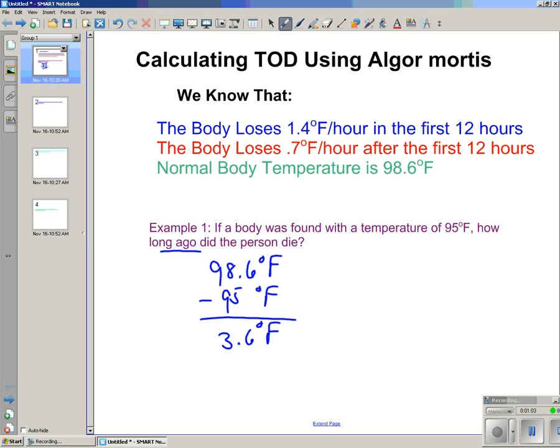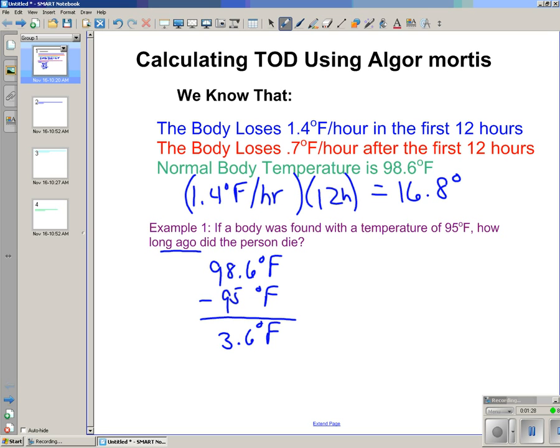Well, we know that 3.6 degrees is a small number. If we were not sure what we had to do, we know that 1.4 degrees is lost in the first 12 hours. So 1.4 degrees Fahrenheit per hour is lost in the first 12 hours, which gives us a total of 16.8 degrees lost.